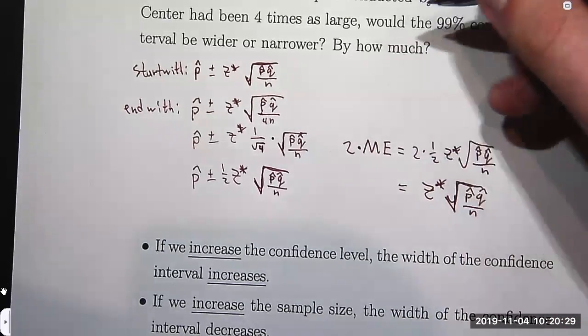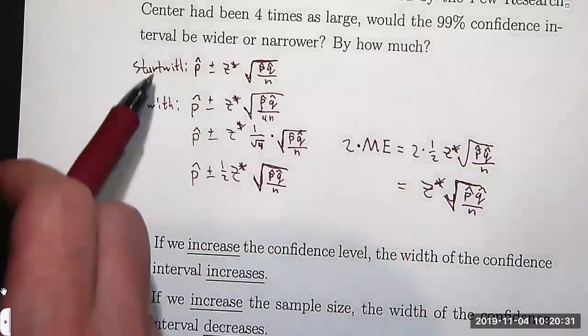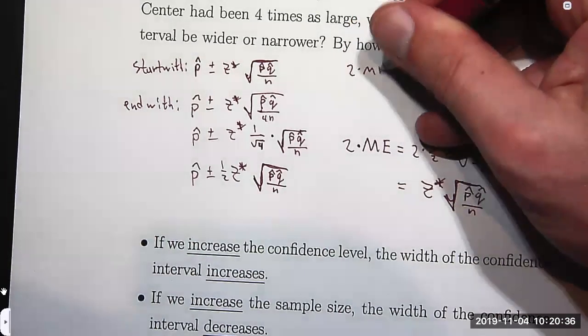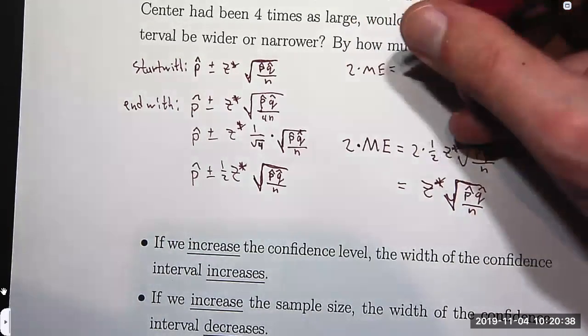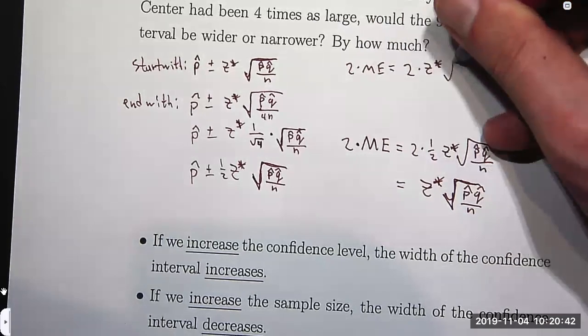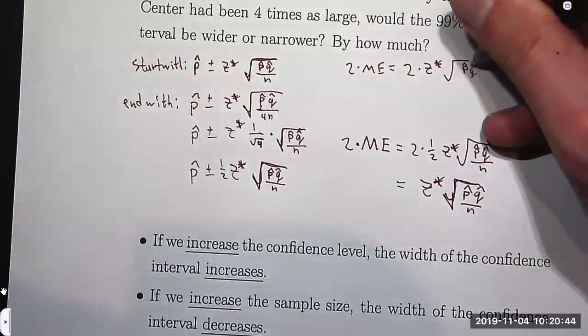And then the interval up here, what you started with, was 2 times the margin of error as well. But in this case, it's actually just 2 times z star square root of p hat q hat over n.